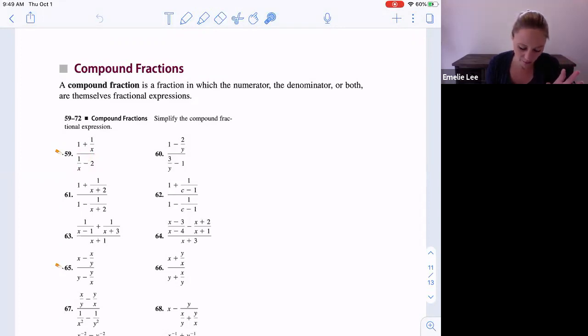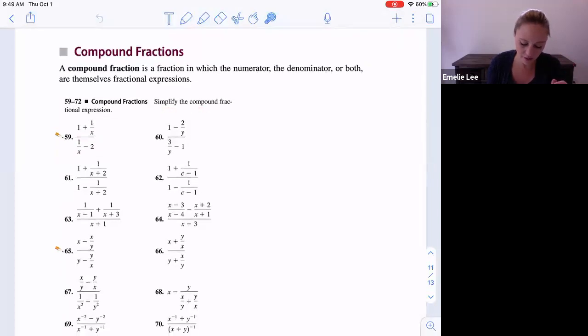So what you want to do when you're simplifying compound fractions is find common denominators and just zip it up, right? I don't know how else to say it. Looking at this first one, 59, for example, we would need to find a common denominator up in the numerator and then a common denominator in the denominator, which sounds kind of weird, right? But then you're going to end up with a fraction over a fraction, which is what we were just dealing with, and then you can simplify it just like we did. So it's just another step that we would do.